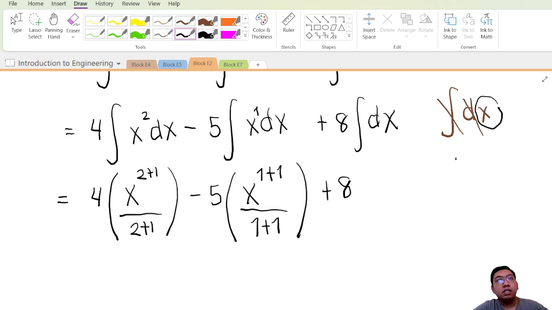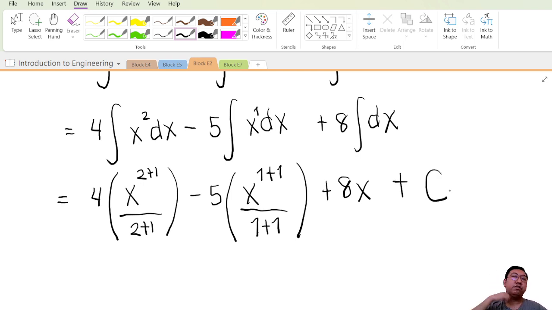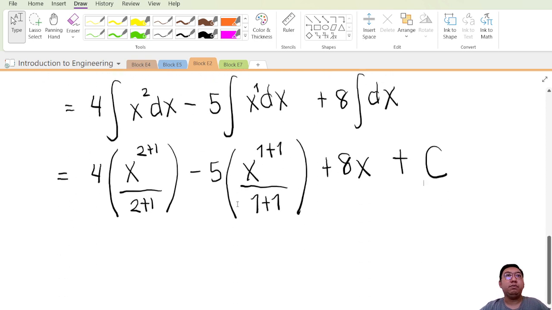That means the integral of dx is automatically equal to x because of this concept. Okay, so what is left here is x. So please remember that one. So we have here always, at the end of integrating all of the terms, you add plus c.